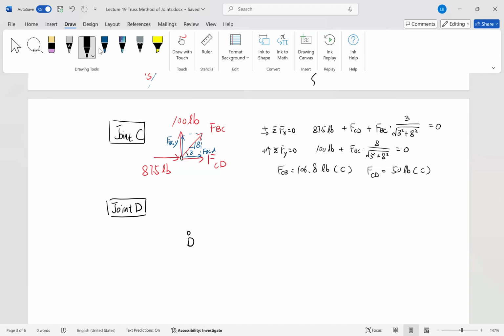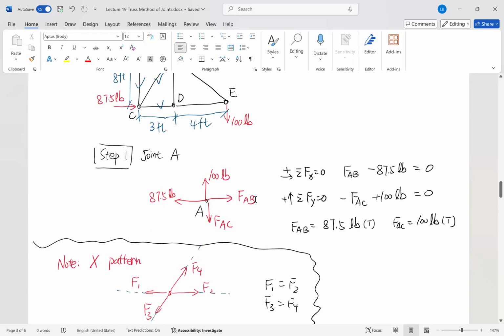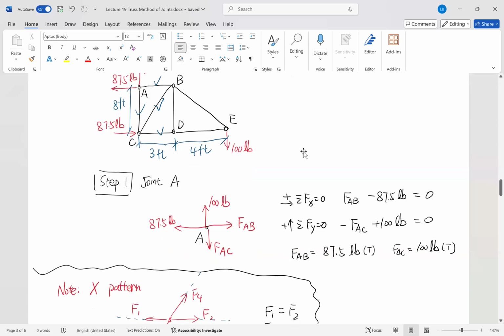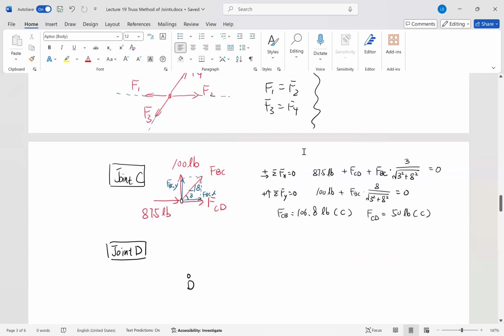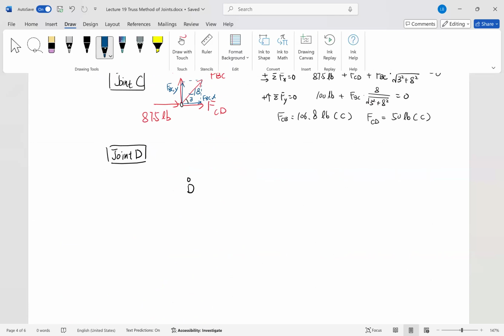Okay, what do we have at D? If you go to D here, you see that we have members CD, BD, and DE connected to D. Also remember to check if there's any external force at D. By looking at D, we should have all the unknown member forces, right?